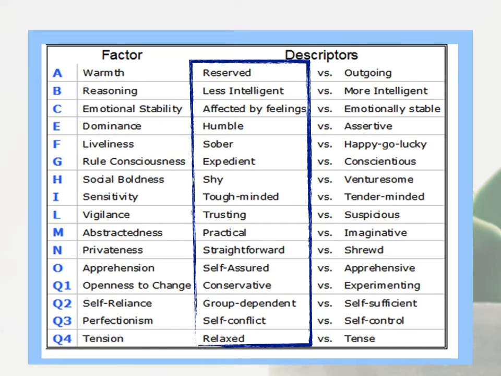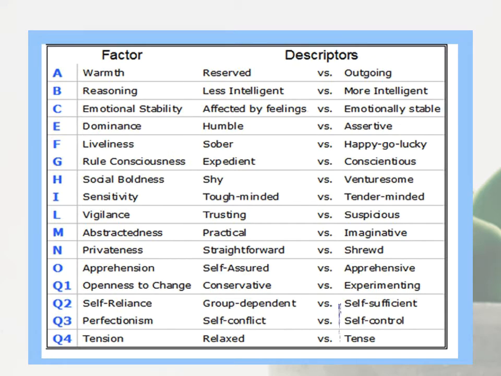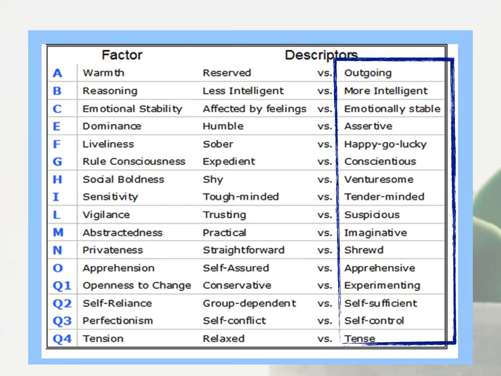If the score of the client for factor A, warmth, is on the left part of the spectrum, the client tends to be reserved. If the scores fall on the left side of the spectrum for each factor, these are the characteristics for that factor. If it falls on the right side, it also refers to certain characteristics.